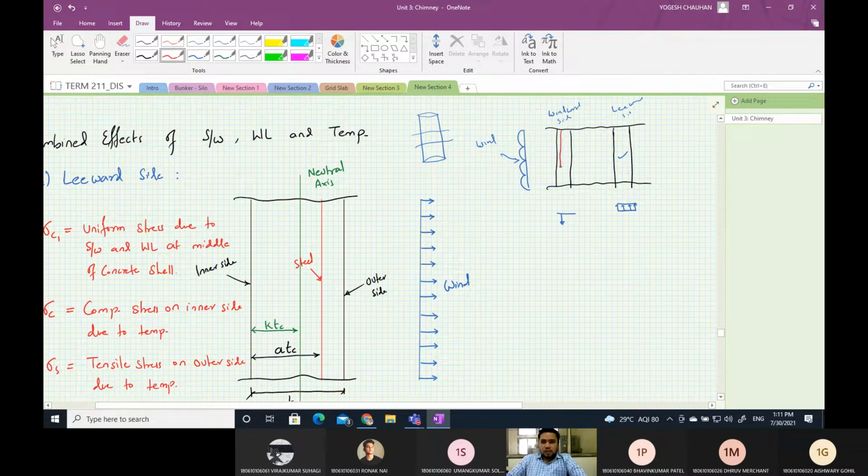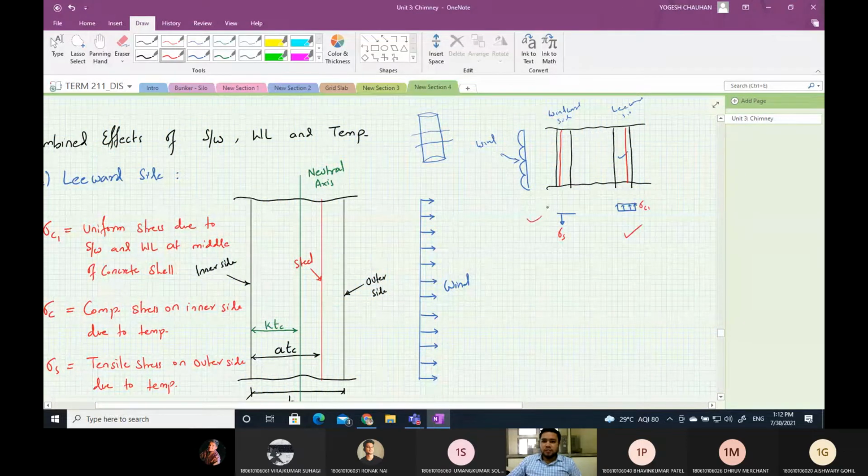The tension will be taken by the reinforcement provided in the steel, in the wall. So here, this is the stress in the steel, and this is sigma C1, the uniform stress due to the self-weight and the wind. So this case we have discussed.